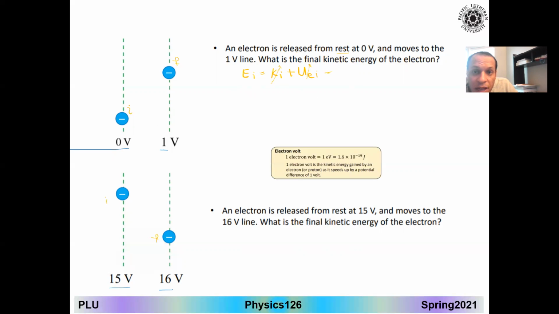So I end up with 0 joule as the initial energy.